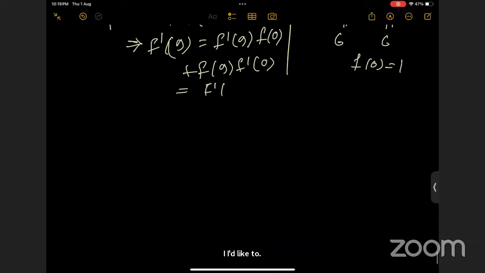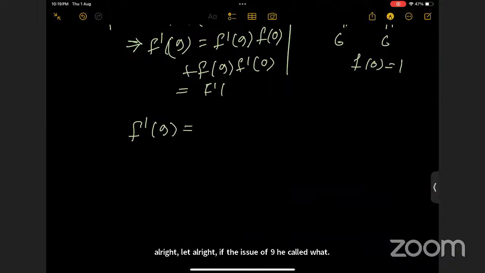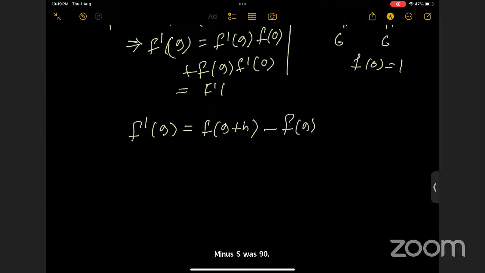When you write f dash of 9, you can use the formula of the derivative. Let me write f dash of 9 equal to what? That will be equal to f of 9 plus h minus f of 9, limit h tending to 0, ma'am. Wait, who is this? Afrin. Okay. Yeah, he's right.